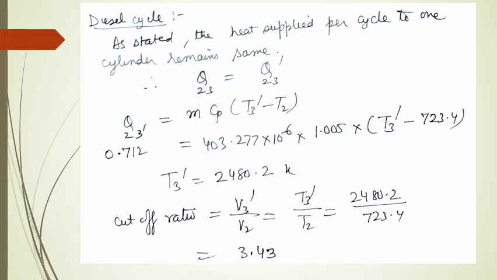So Q23 is equal to Q23 dash. The amount of heat added is equal to m Cp dT. Now the value of Cp is equal to 1.005, and the heat addition remains 0.712 kilojoule per cycle. So the value of T3 dash comes out to be 2480.2 Kelvin. Now the cutoff ratio, which is equal to V3 dash upon V2 dash, and also the ratio of T3 dash and T2, comes out to be 3.43.